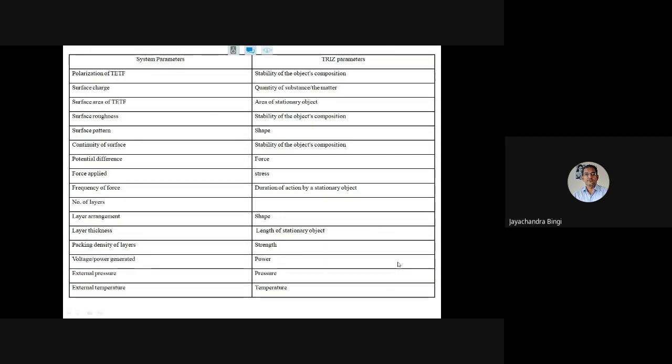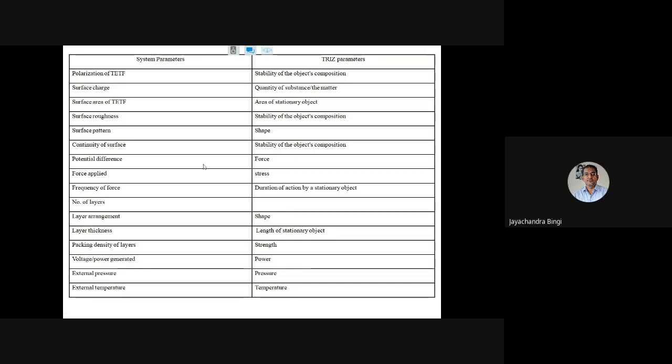So what should be our improving parameter in all cases? Potential difference. This one. Potential difference should be the improving parameter in all cases.